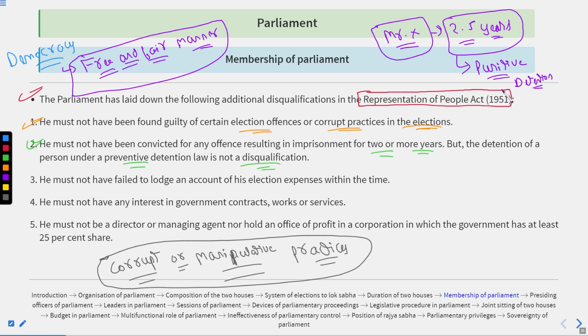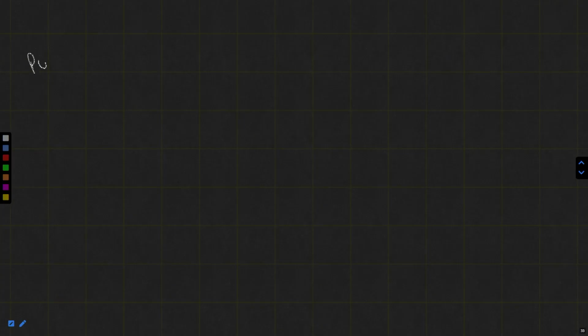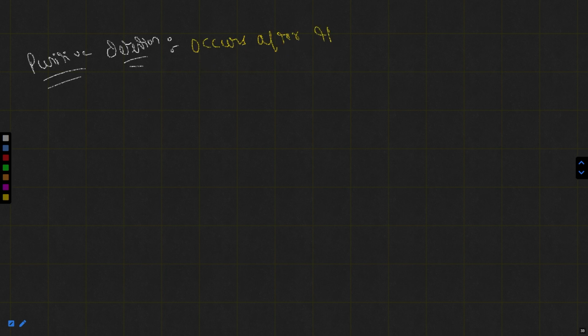While we were discussing fundamental rights, I explained in detail what is meant by punitive and preventive detention. Punitive detention occurs after the committing of the crime. The crime happened, then the person was detained.